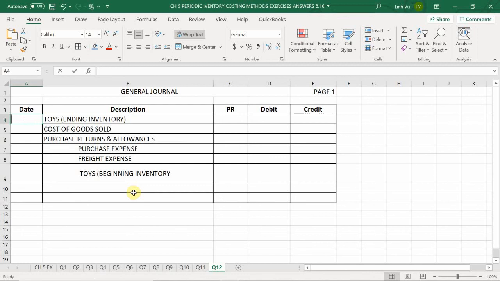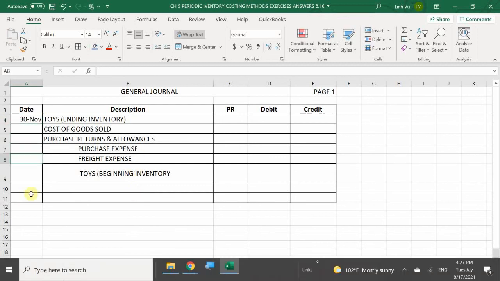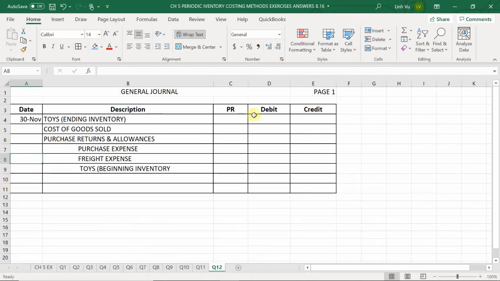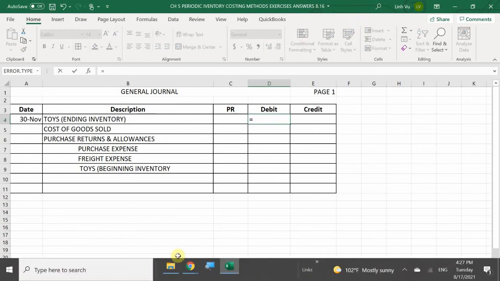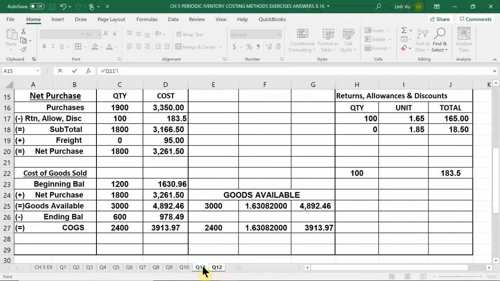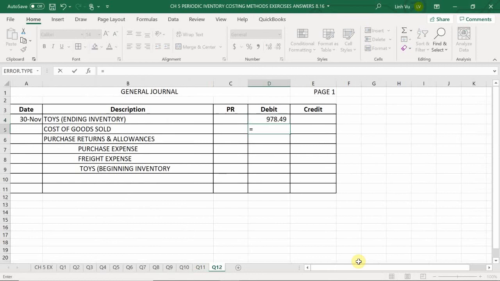So this is for November 30th. So now let's go ahead and add or plug in our numbers. So what was the total cost of my ending inventory? Good. My total cost of goods sold.